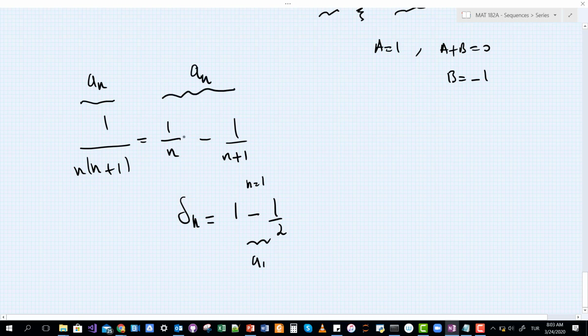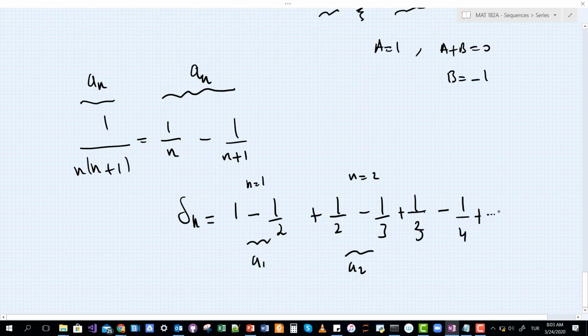I showed that they are equal to each other. Then when n is equal to 2, it is going to be 1 over 2 minus 1 over 3. I'm going to continue so on and so forth. Let me write one more term: 1 over 3 minus 1 over 4. And the last term is going to be equal to 1 over n minus 1 over n plus 1.